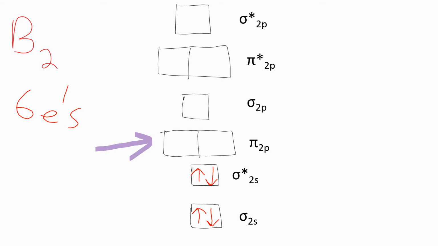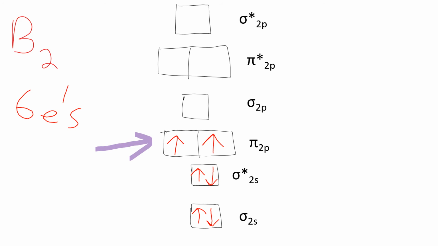And just like when we saw for electron configurations, if you have 2 orbitals at the exact same energy, you don't want to crowd those electrons until you absolutely have to. So we're not going to put the remaining 2 electrons in the same box. We're going to space them out into different boxes and align the spins. So that's what we would see for our molecular orbital diagram for B2.